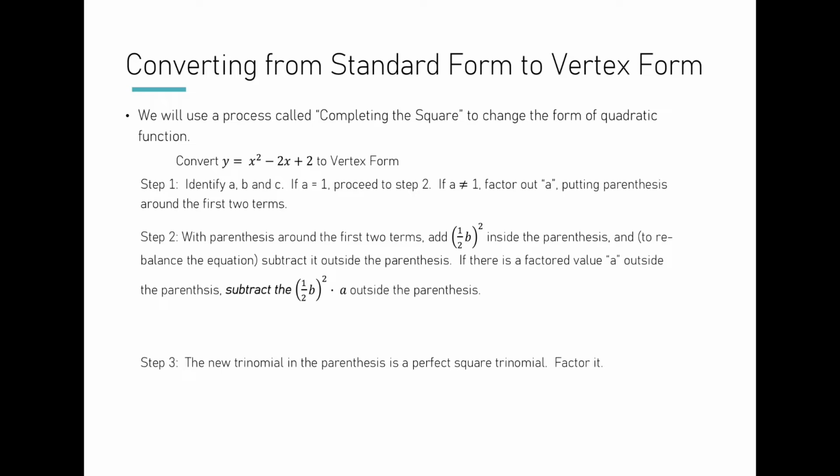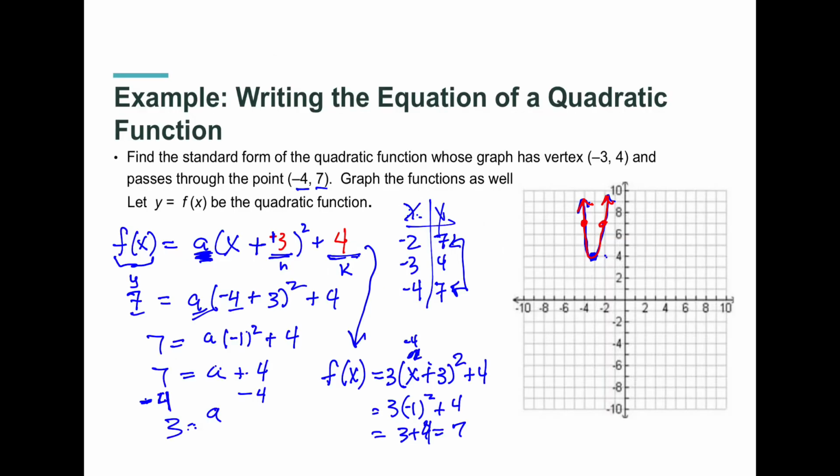It's one of the ways that we actually come up with the quadratic formula. But we can also use this process to change an equation from standard form to vertex form. To go from vertex to standard, all I need to do is to carry out the multiplications.